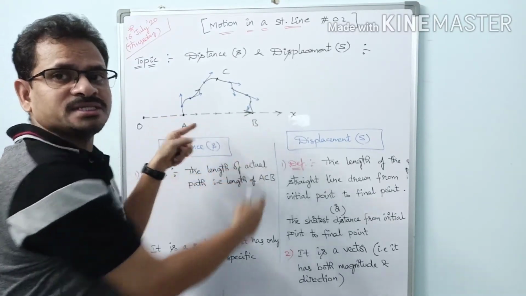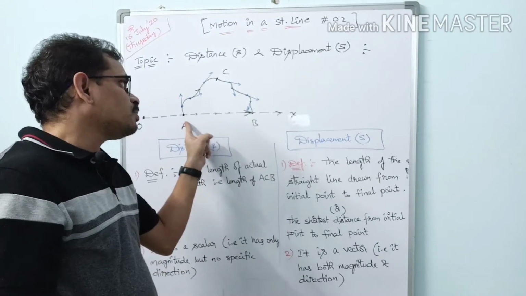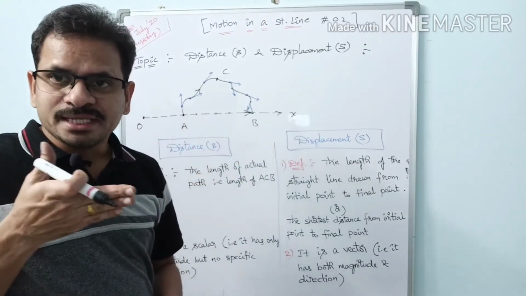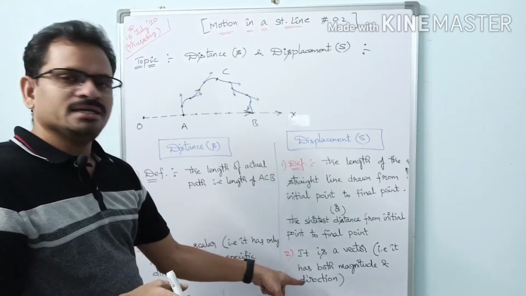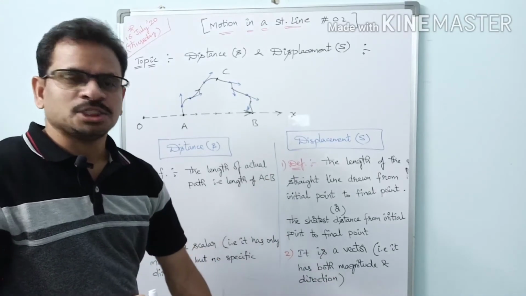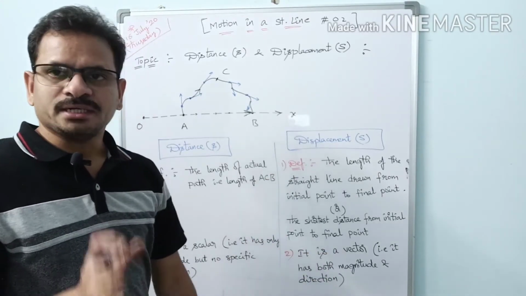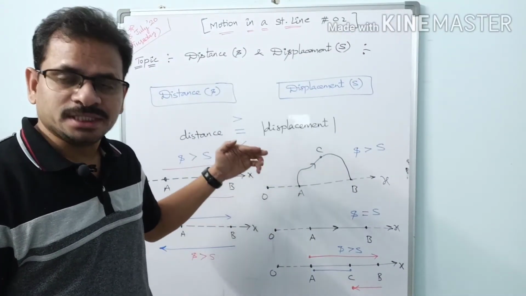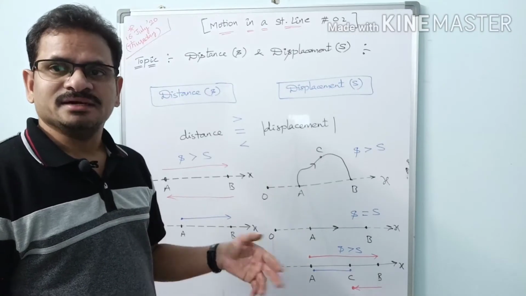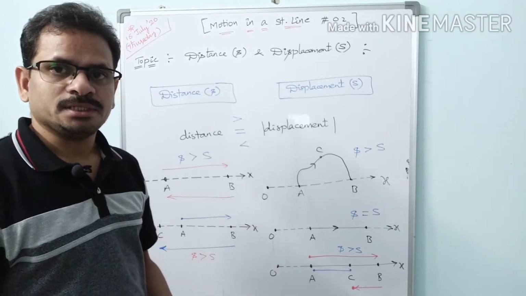And from initial point to final point it has a specific direction. Hence displacement has magnitude as well as direction, and it is a vector quantity. Previously we discussed the definitions of distance and displacement, and whether they are scalar or vector quantities.